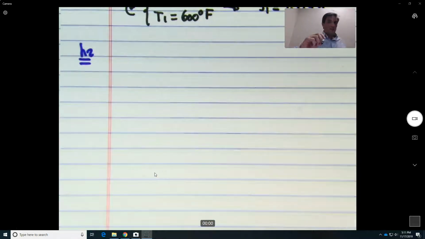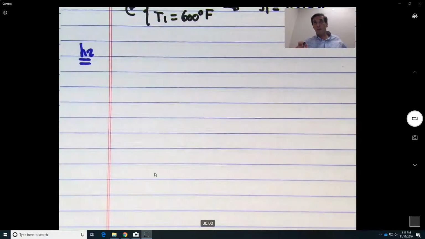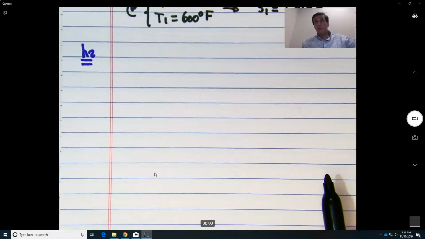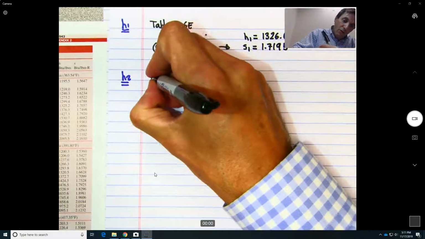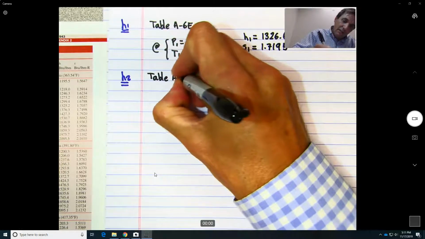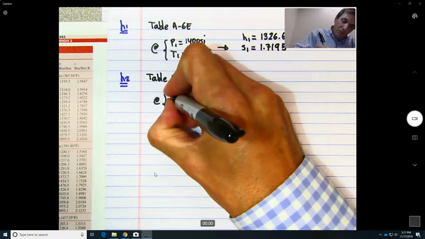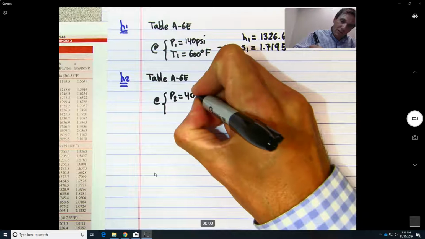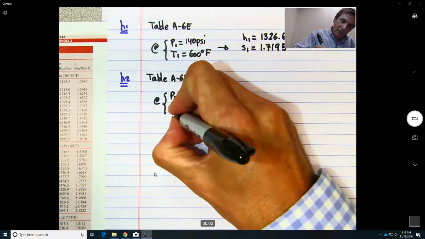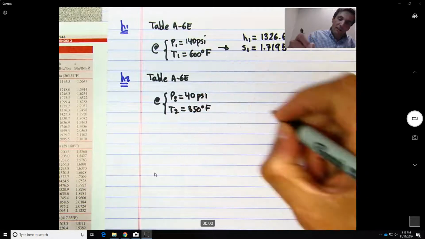We know that P2 is 40 and T2 is 350. So let me zoom out a little bit and then zoom in for the table. So table A6E at P2 equal to 40 psi and T2 equal to 350 degrees Fahrenheit.